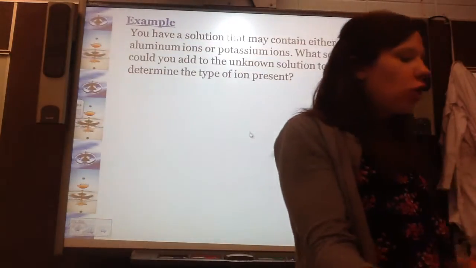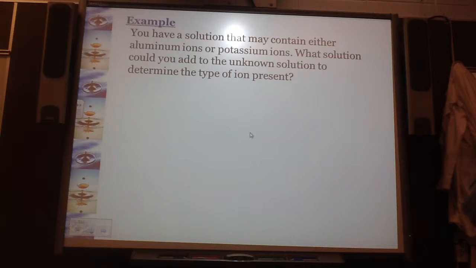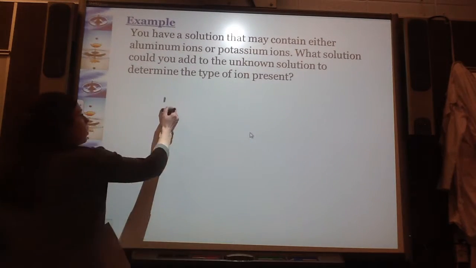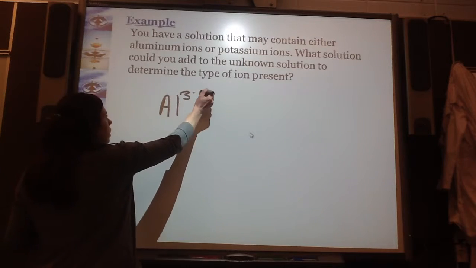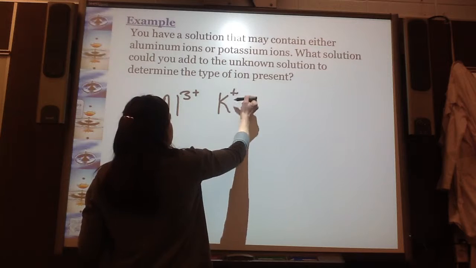For example, you will need your solubility charts out and ready for this. You're told you have a solution that may contain either aluminum ions or potassium ions. What solution could you add to the unknown to determine the type of ion present? What I do first is write down what you possibly have, either aluminum ions or potassium ions.